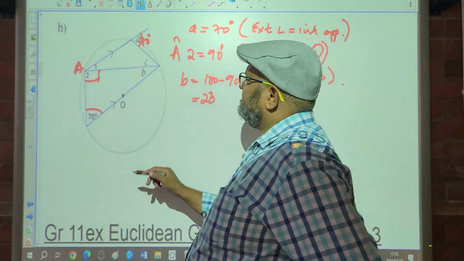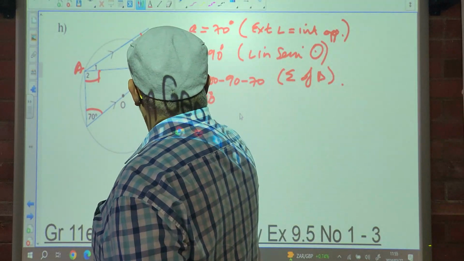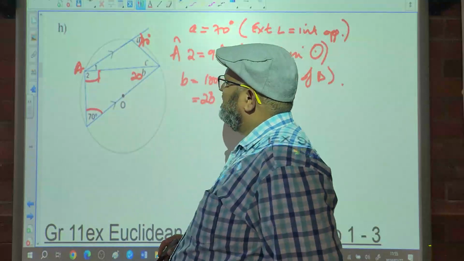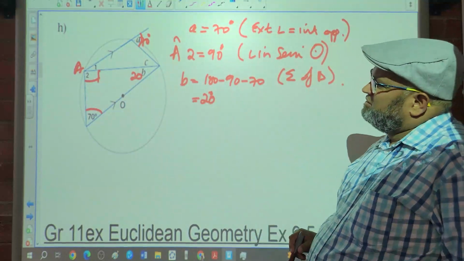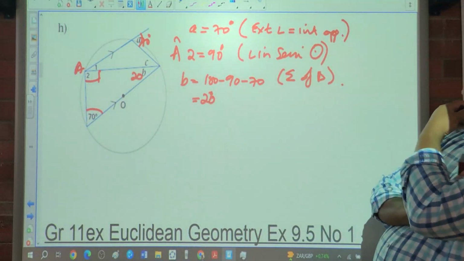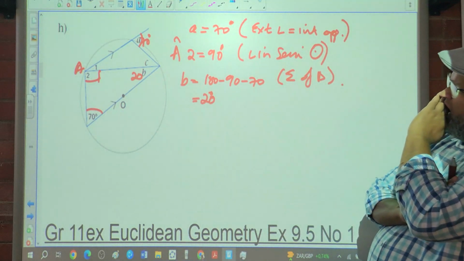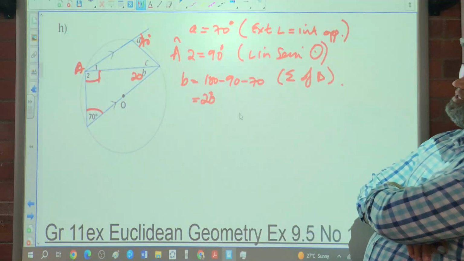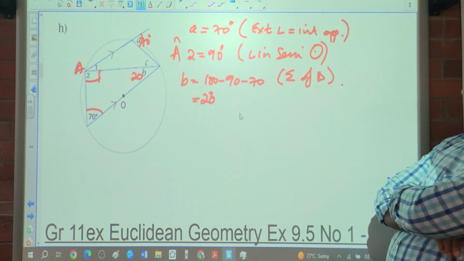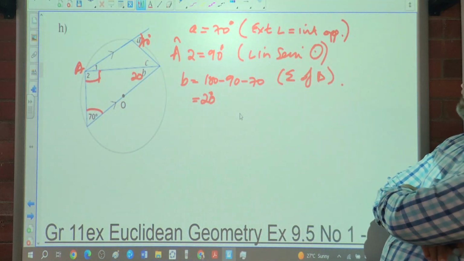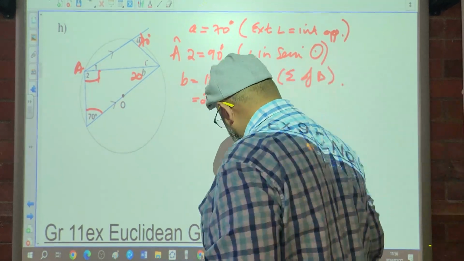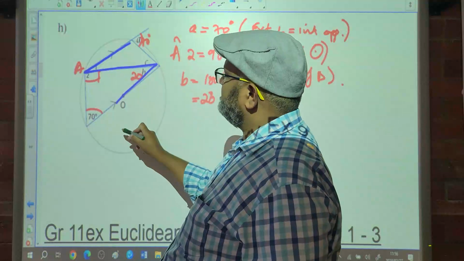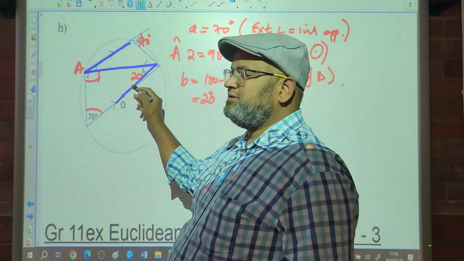How do you calculate C? Well, which angle do we need? A1. No? So let's work out A1 first. So A1 is going to be 20. These lines are parallel.